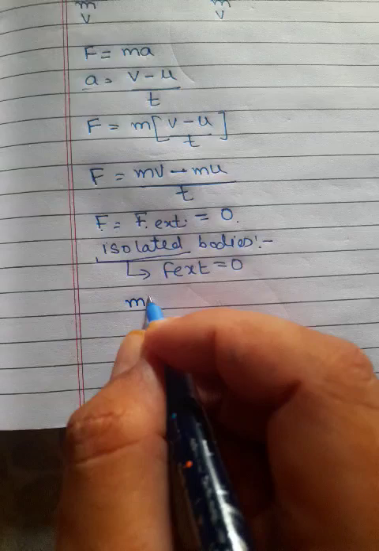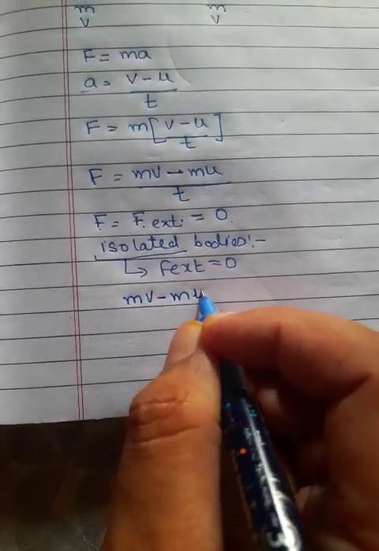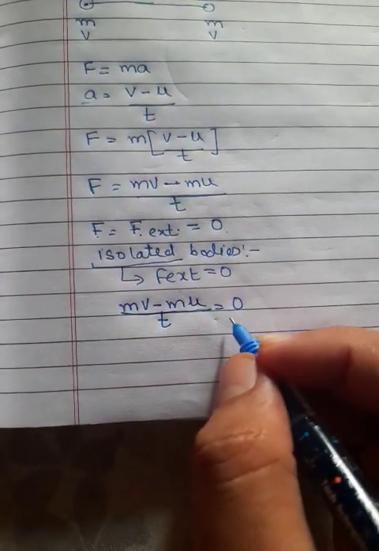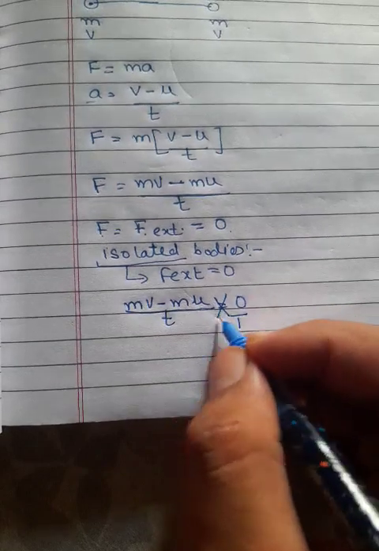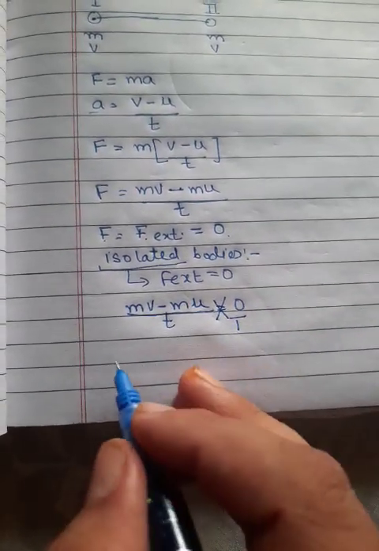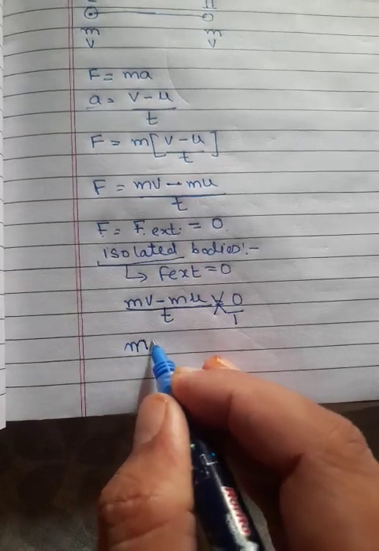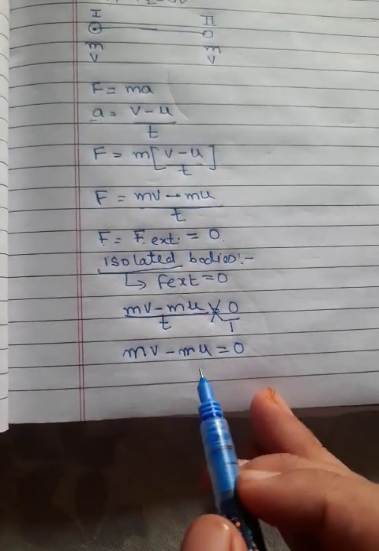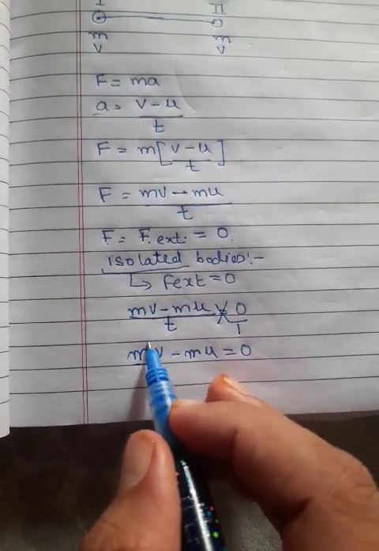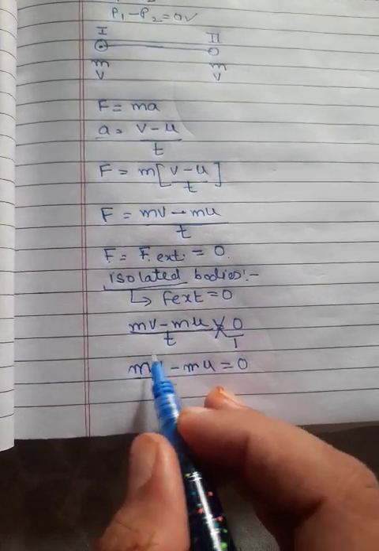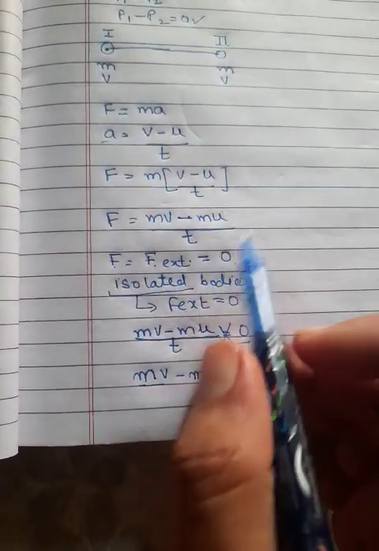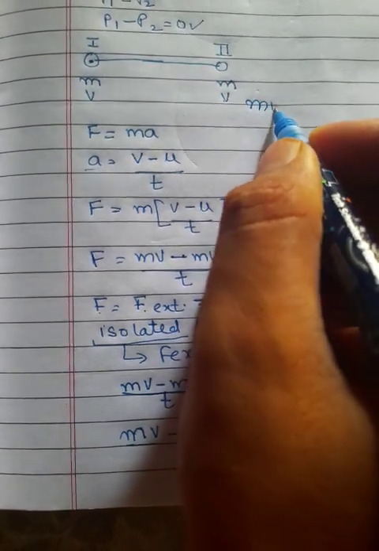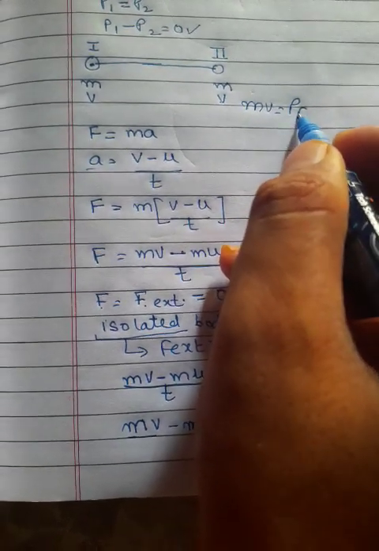So we can say (m v minus m u) upon t equals 0. Simply take 1 here, do cross multiplication. This t moves to the other side, so we get m v minus m u equals 0. What does v mean? The final velocity, so m into v is the final momentum, mass into velocity.